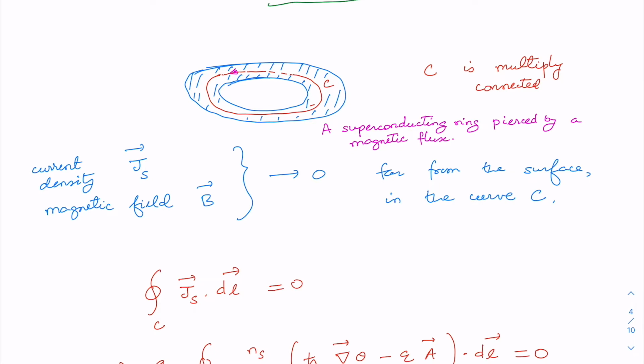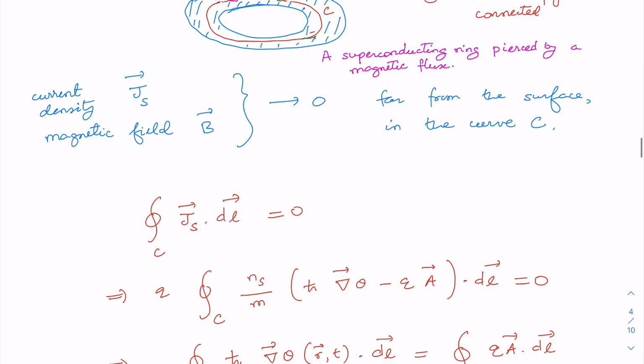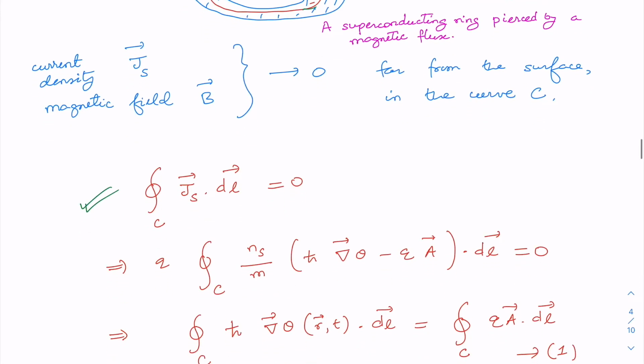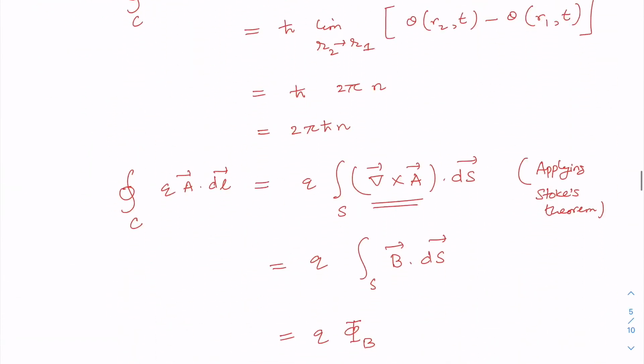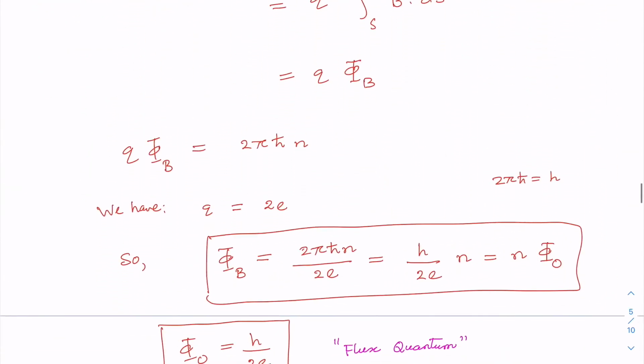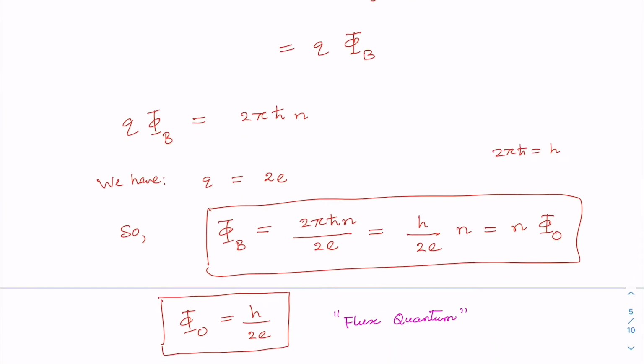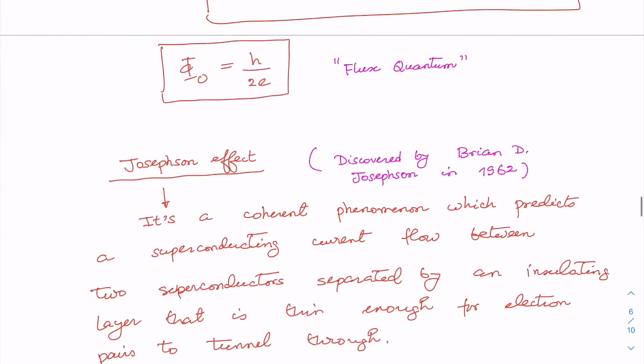Along this curve C, both the current density and the magnetic field are zero. Using this fact, we utilized this integral and put in the expression for current density, and finally obtained that indeed the flux is quantized, and this flux quantum is given by h by 2e.